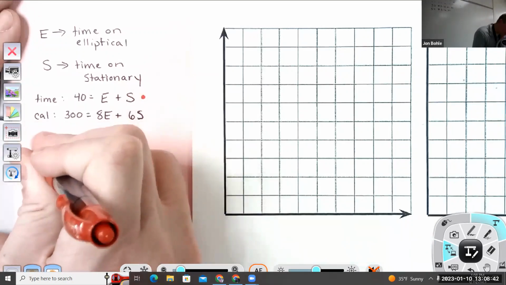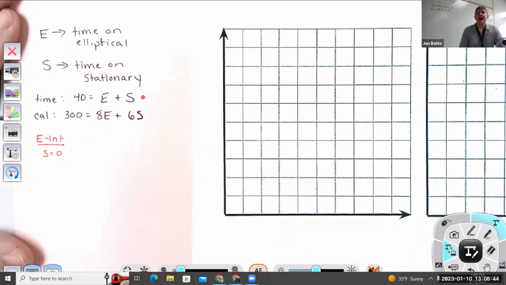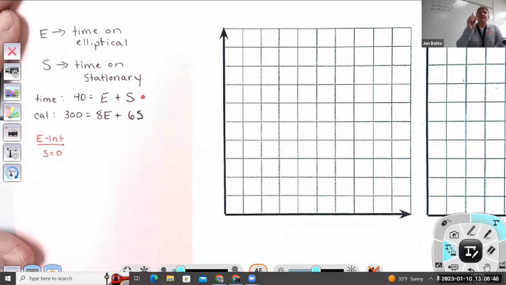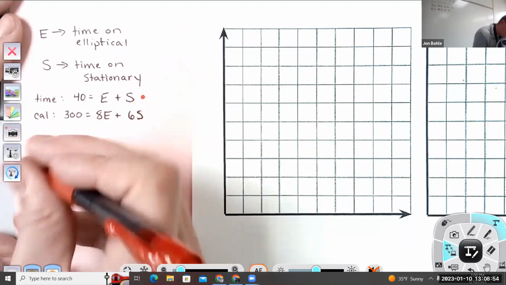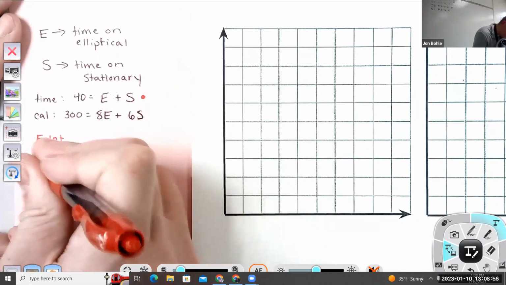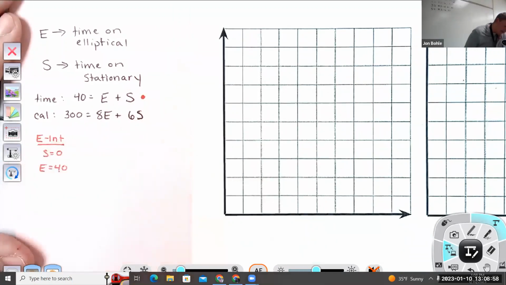It's a little bit more tricky when I have two variables that are not X and Y. But if you have an intercept, that means the other variables are 0 automatically. So for the top one, S equals 0, so S goes away. That means just E is equal to 40. So my E-intercept is 40.